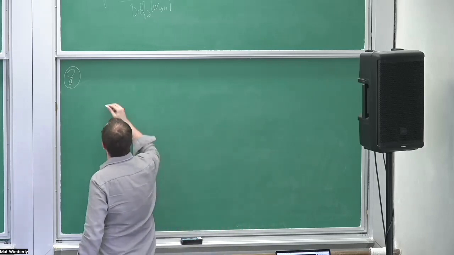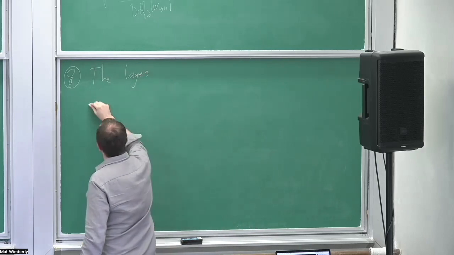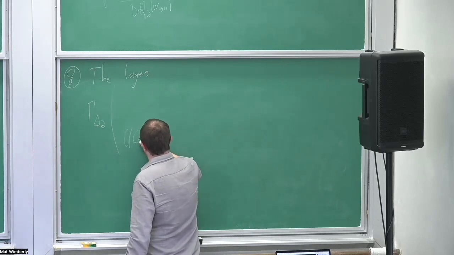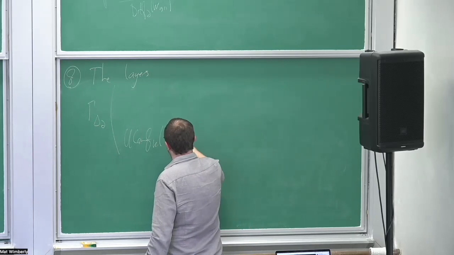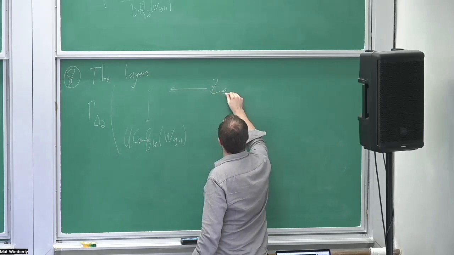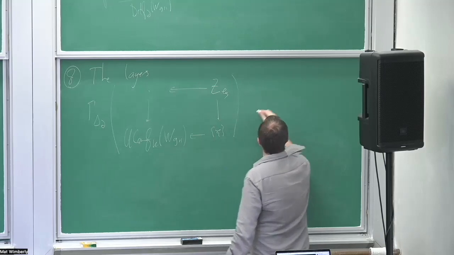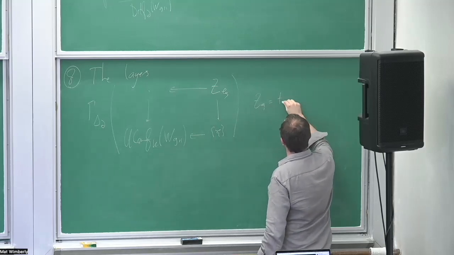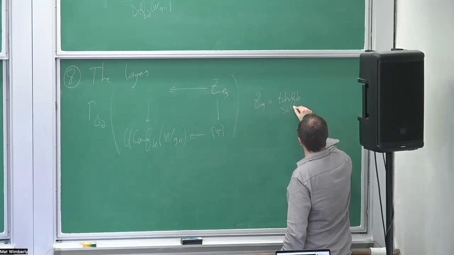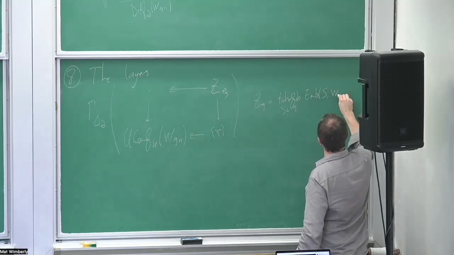So the layers, to remind you what they were: these section spaces with boundary conditions over the space of unordered configurations of k points in W_{g,1}, whose fiber was the total homotopy fiber of the cube that to a subset of S takes the embeddings of S into W_{g,1}.